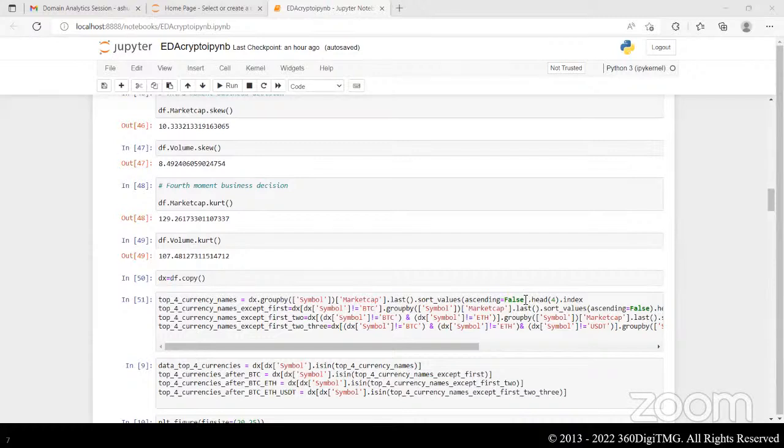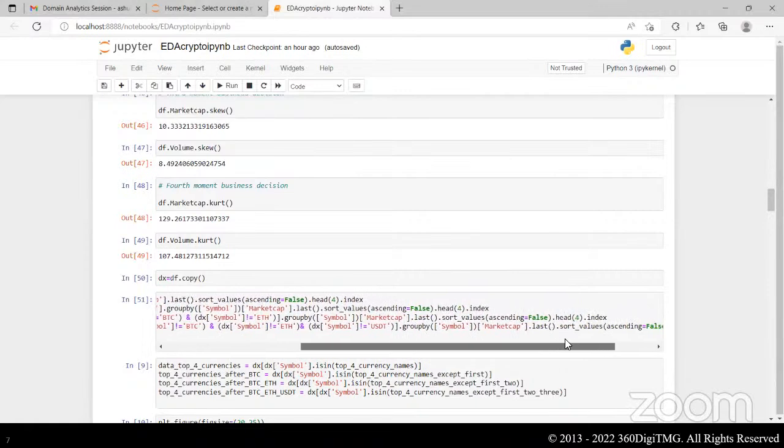Wherever you have, I'm taking your symbol and market cap, and based on that, I'm saying give me the top four values. Then I'm also trying to find the top four currency names except the first two. So in this way, I'm getting various values.